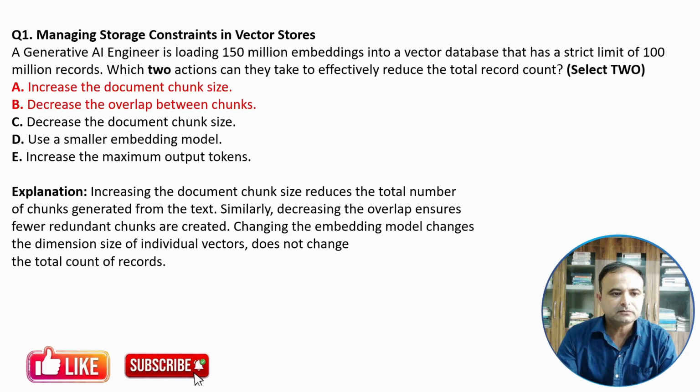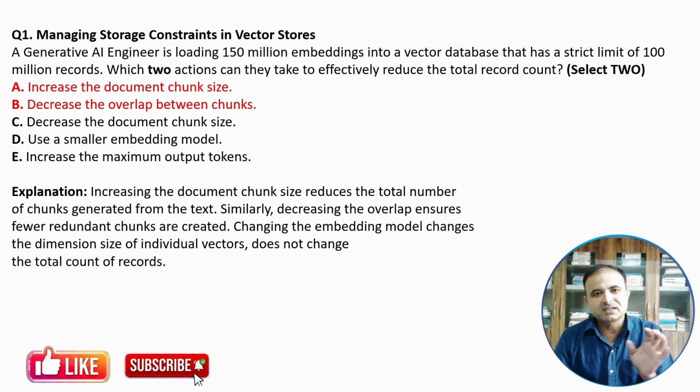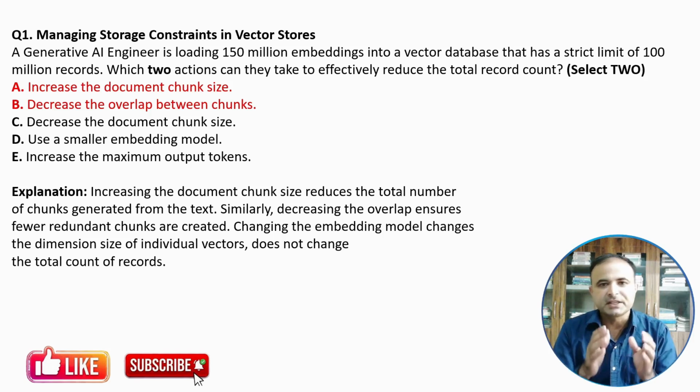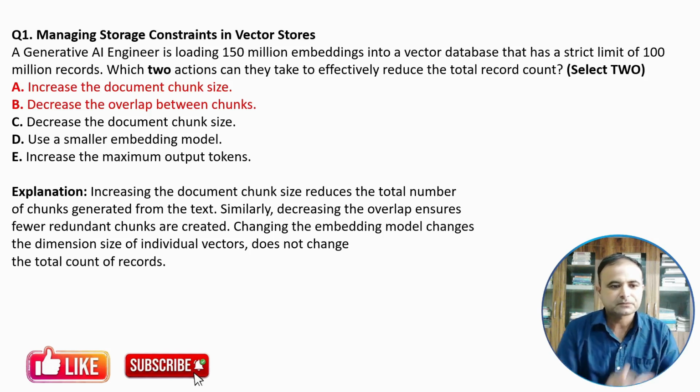Now I want to discuss the questions related to this exam, like managing storage constraints in vector stores. Obviously it covers machine learning, deep learning, and generative AI, but mostly focuses on the generative AI concepts, and the Databricks knowledge should be clear.